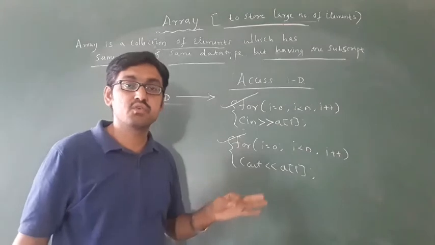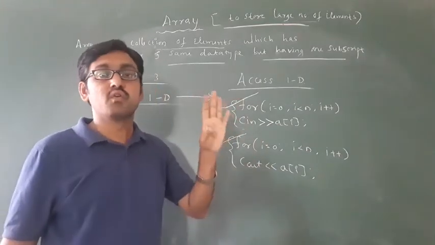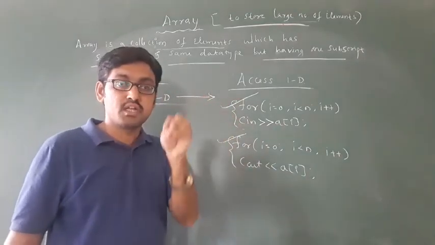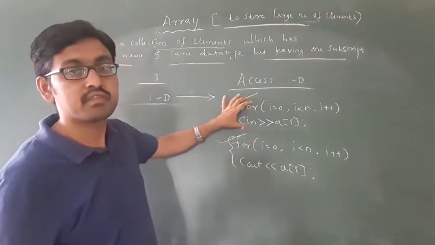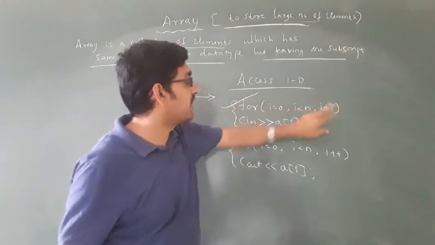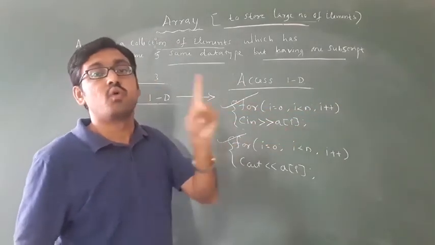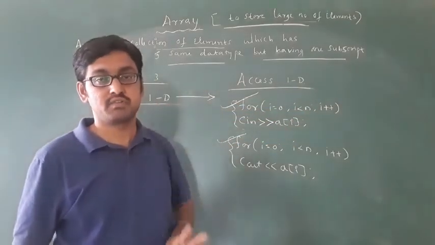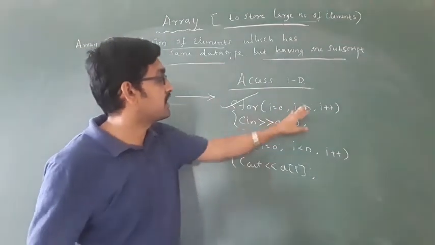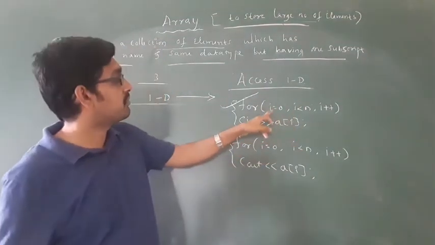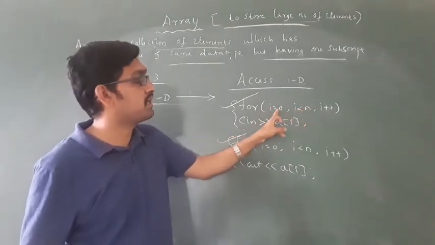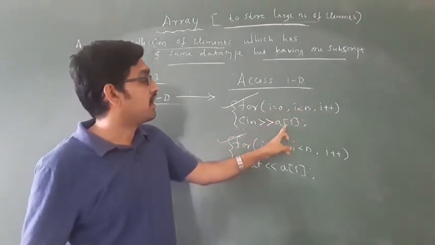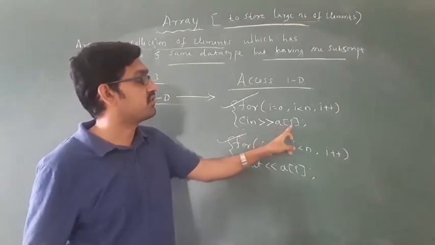For second year also this same topic will come again. When you take an array, if you want to enter any elements then you have to use this for loop. If you don't take a for loop, it takes only one element. First time, the value gets stored in a of 0, then I will be incremented, then a of 1, a of 2, a of 3, a of 4.